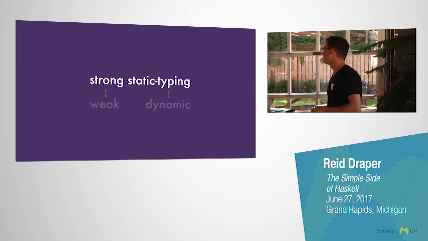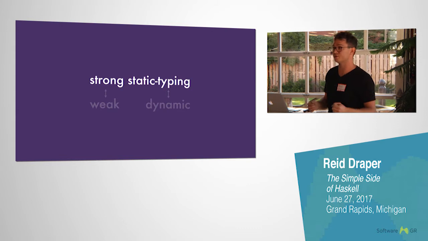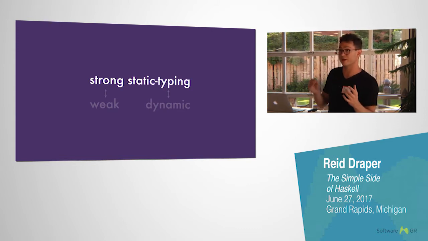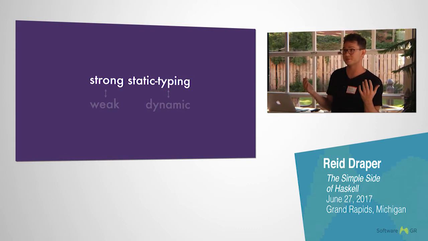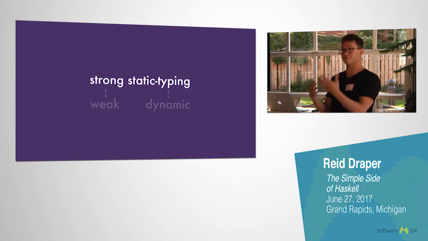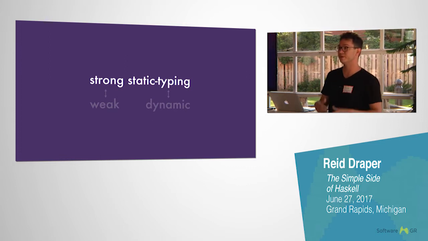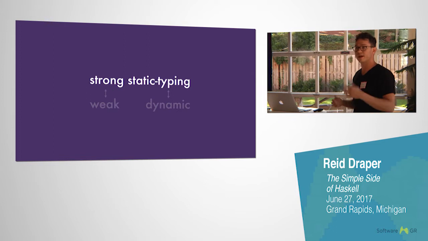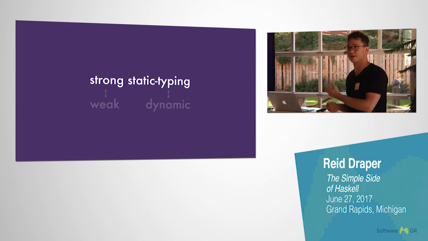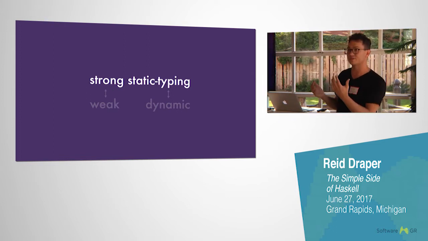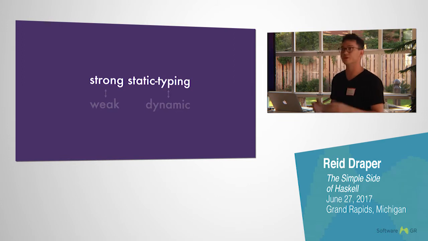So with Ruby and Python, you run your program and you can try and do all sorts of stuff that makes no sense. The program runs, and then if that code happens to be executed, it throws an exception and says, hey, you can't add a number to a string. You have to cast one, or you found a bug.